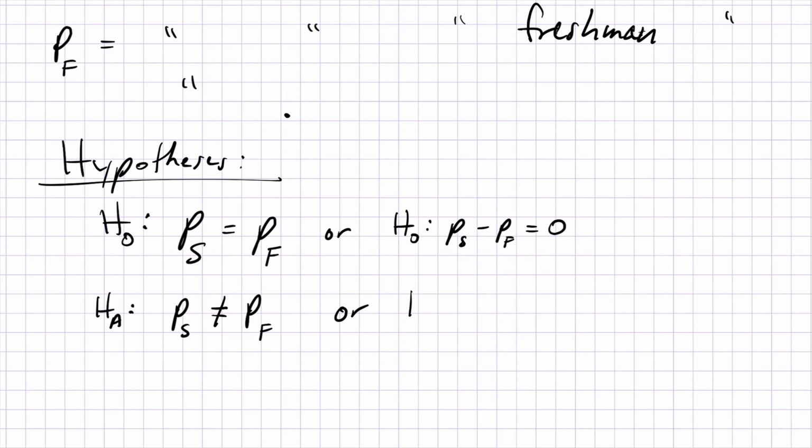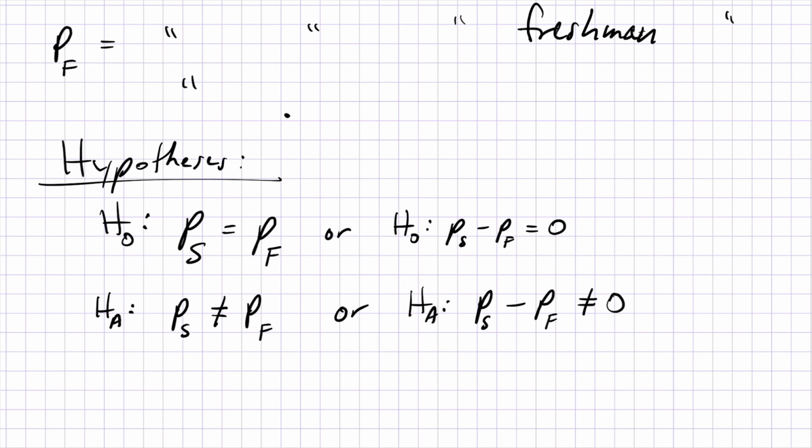Again, another way of writing it that you might see is this. You don't have to have both, but I'm writing it so that if you do see it, you know it's another way of saying the same exact thing.